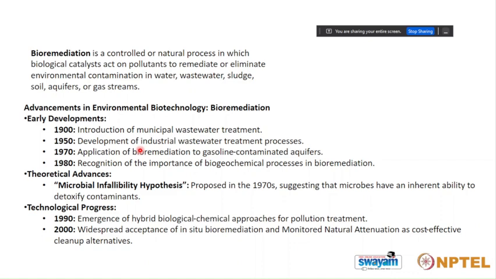So that is a technological advancement in bioremediation. And in 2000, in situ bioremediation was widely accepted. We'll discuss what in situ bioremediation is in the upcoming slides. So these are the major developments that happened during the 19th century in bioremediation.